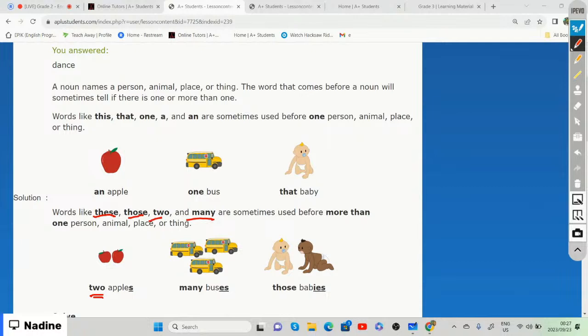It will tell us there's more than one apple. So two apples. These apples, those apples. How many buses are there? There are 3 buses. Wow. Many buses. So many buses. It's a lot of buses.